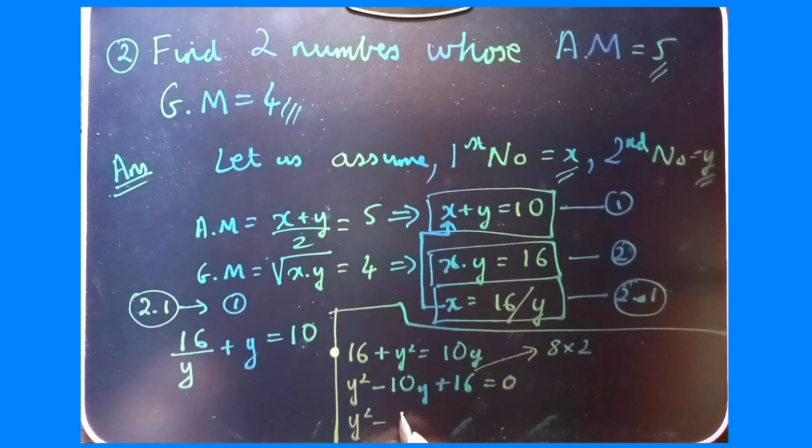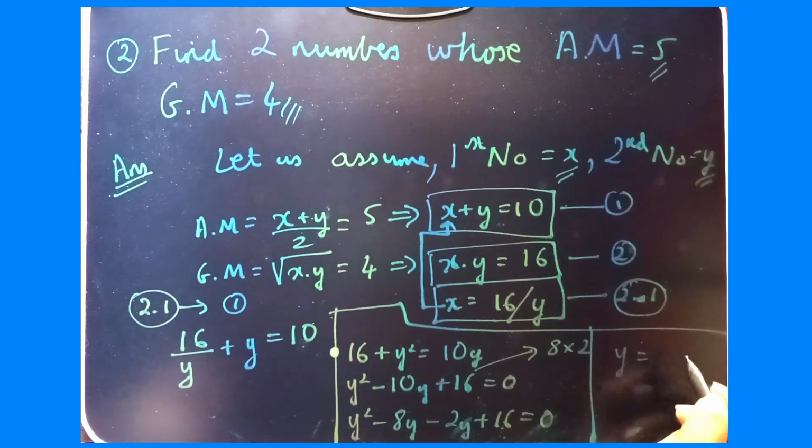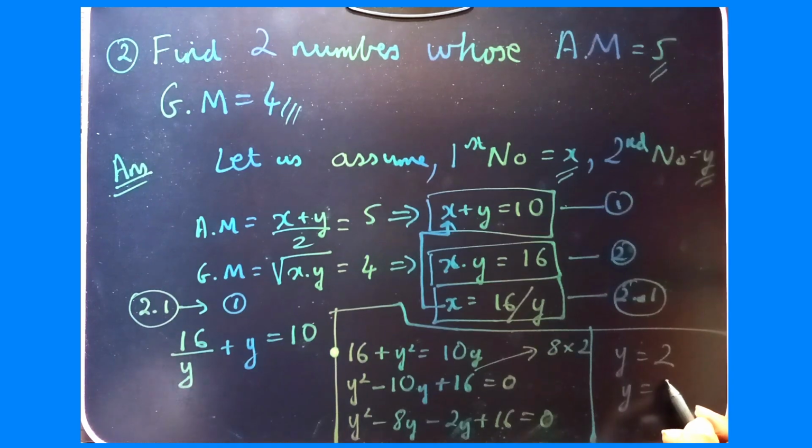So y square minus 8y minus 2y plus 16 is equal to 0. So from here, if you solve this, you will get y is equal to 2 or y is equal to 8, right? These are the values you will get.